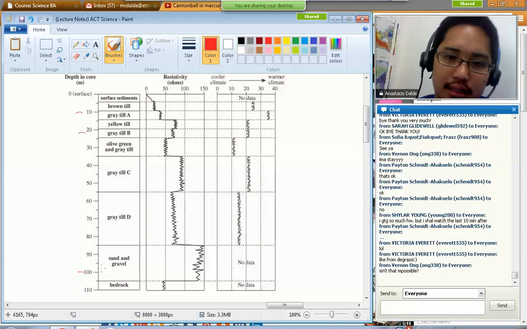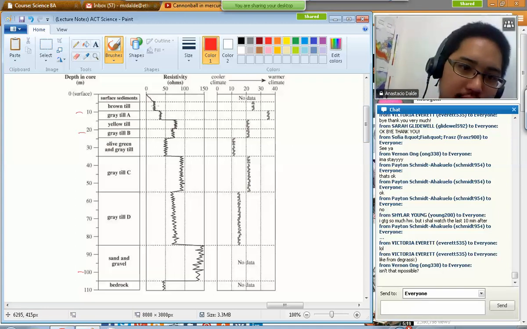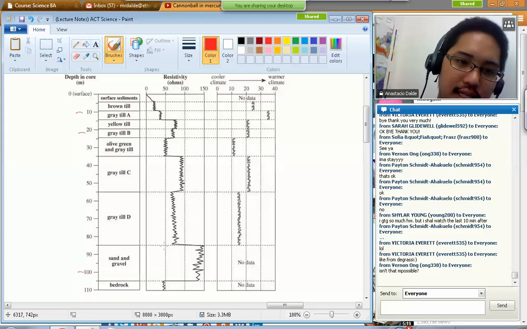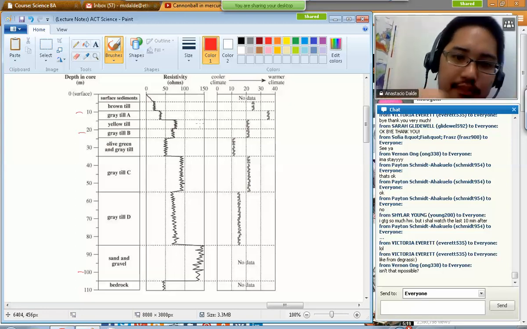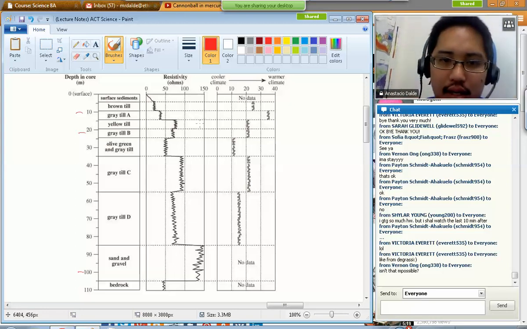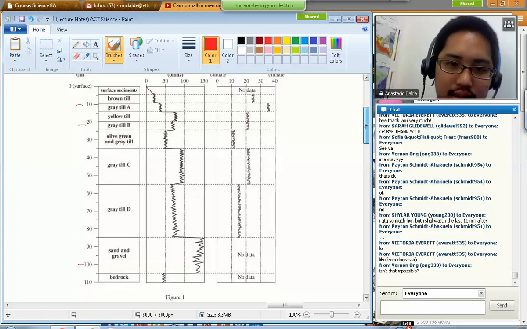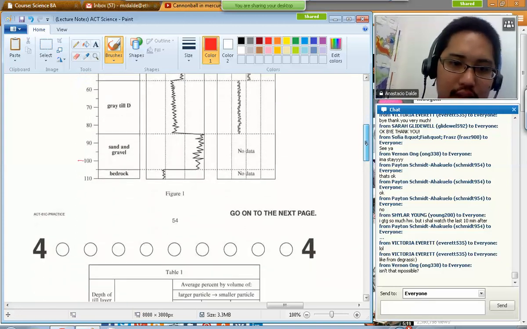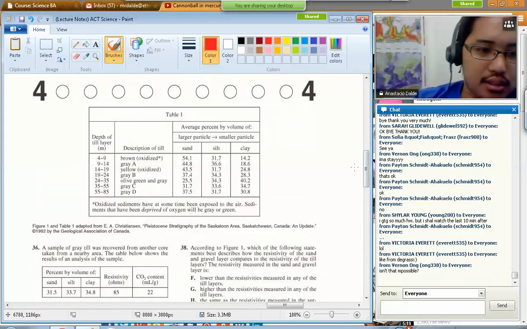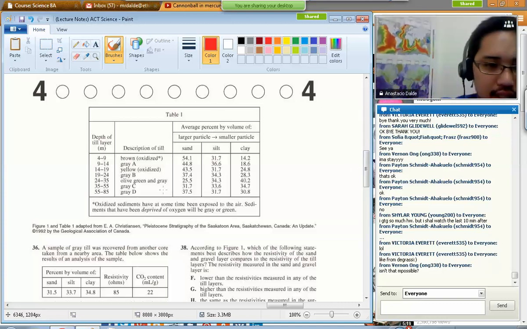So here's the resistivity of the things. And notice how the resistivity changes, which kind of means you're at a different layer. And also the CO2 content changes. Got it? Alright, table 1 shows the different amount of stuff that they have.